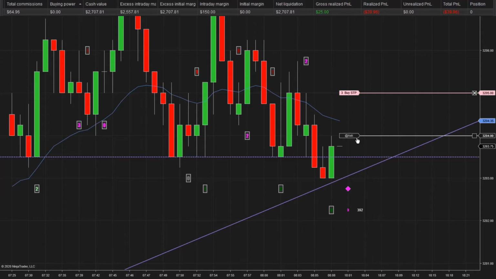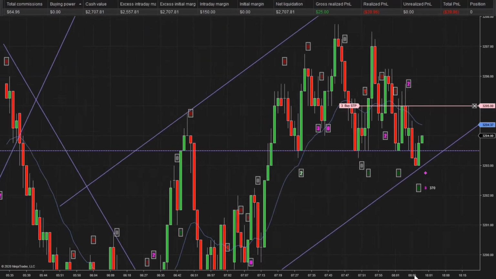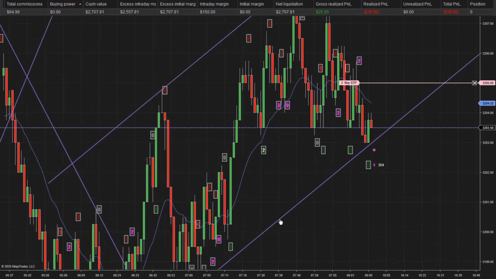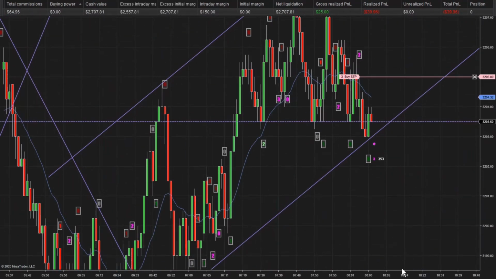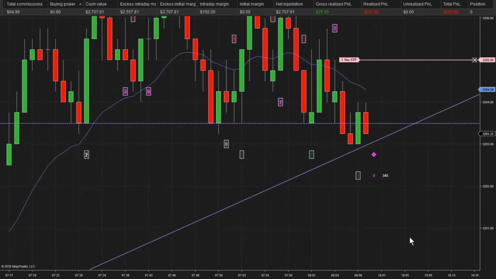It didn't hit the trend line. I wanted to hit the trend line. It's not perfect how I want it. Might be close enough. Let's trap here.